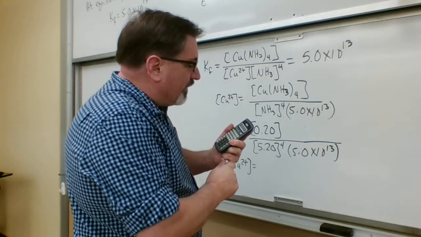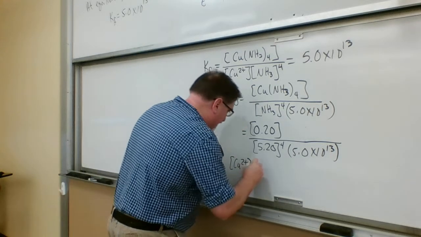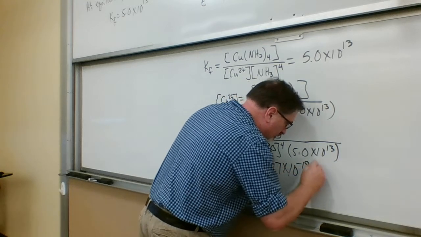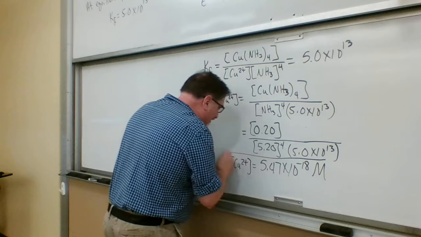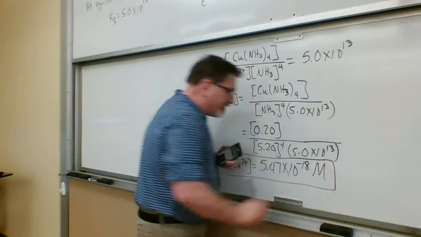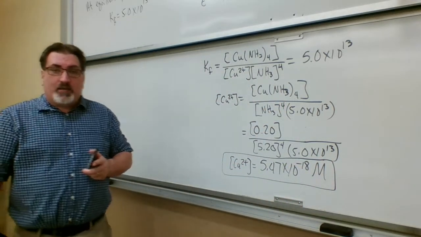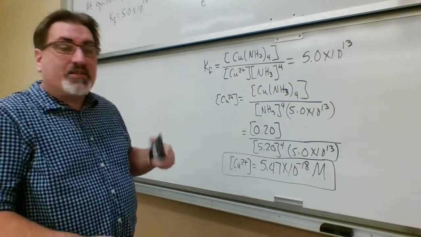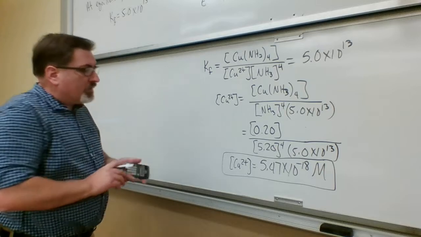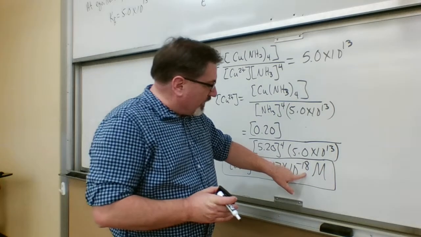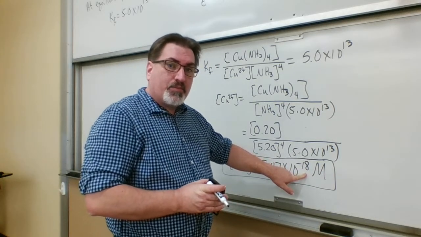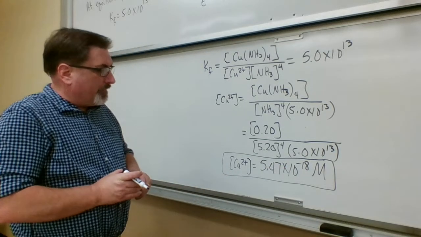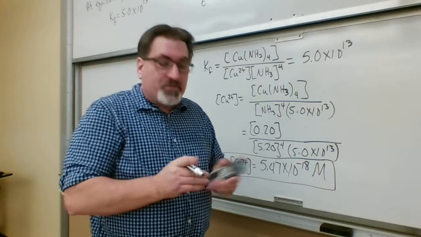So I get 5.47 times 10 to the minus 18th. That's the available concentration of Cu2+ that has not formed a complex. Very, very tiny concentrations, one of the smallest concentrations we've seen thus far in the class. What that represents is only about 10,000 copper ions per liter of solution. Very, very low concentrations.